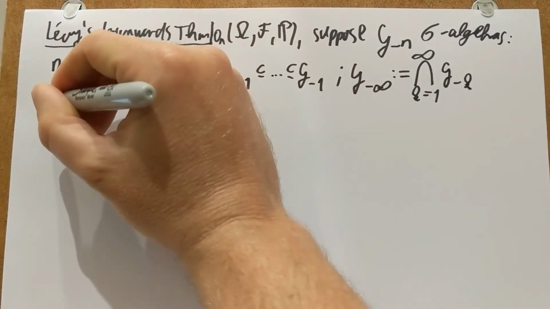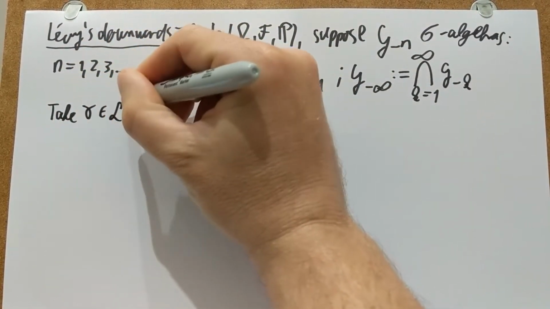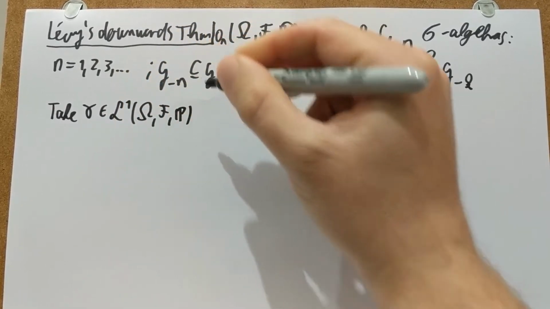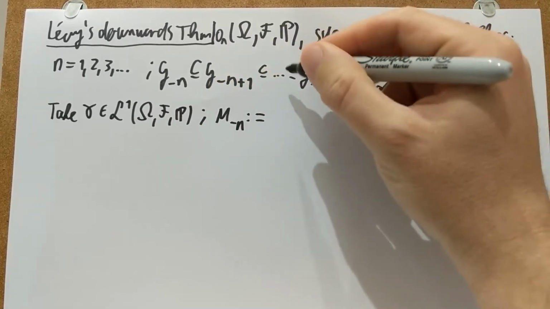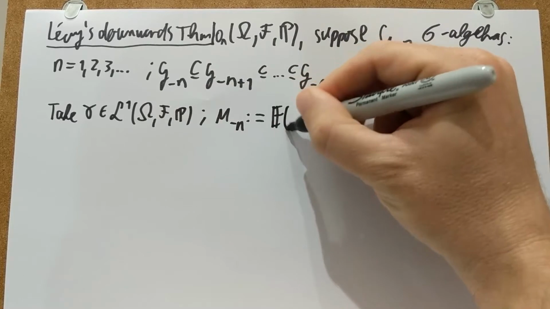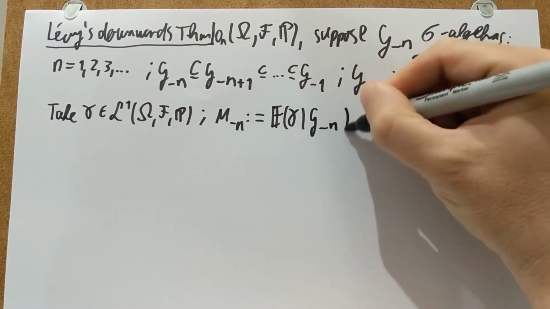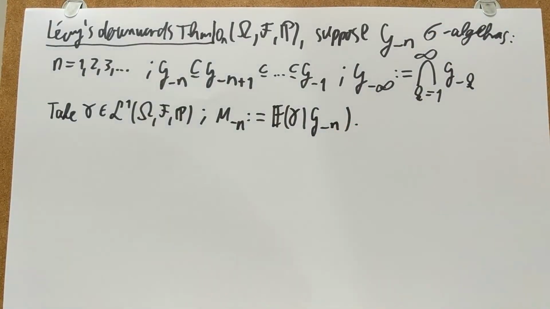Now take a random variable gamma in L1 on this probability space, and define M of minus n as the expectation of gamma conditioned on G minus n. Then the theorem is that this thing is a martingale.